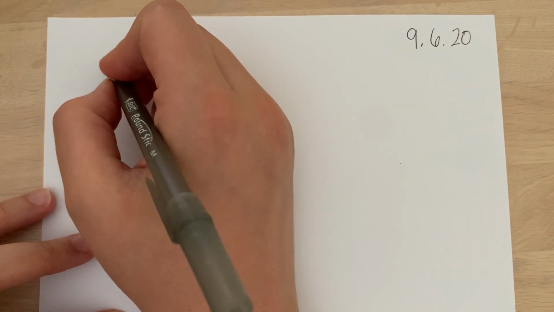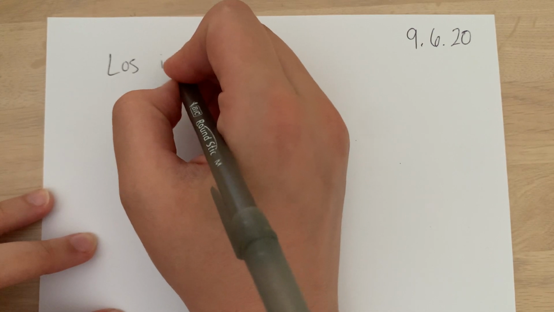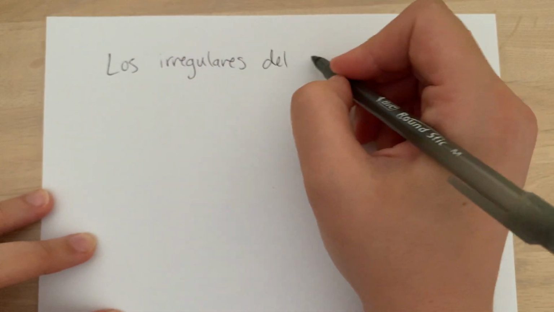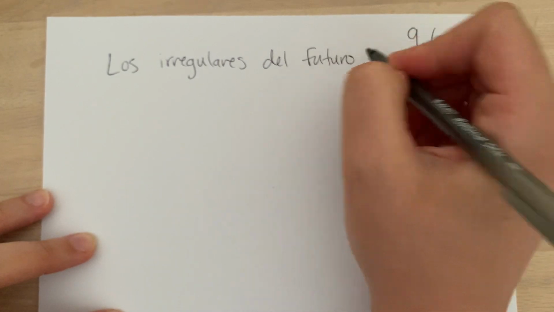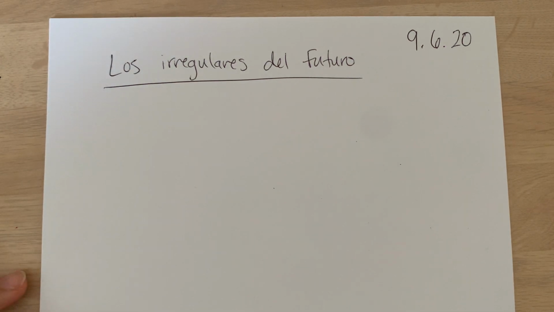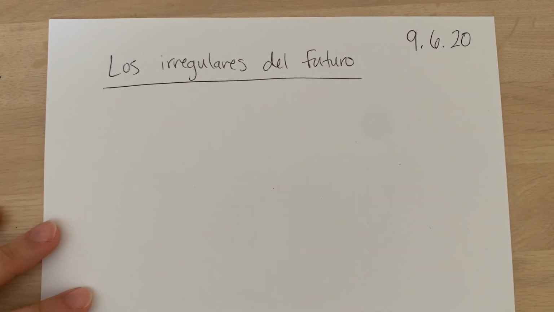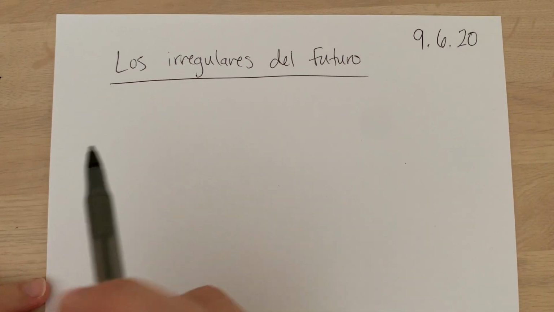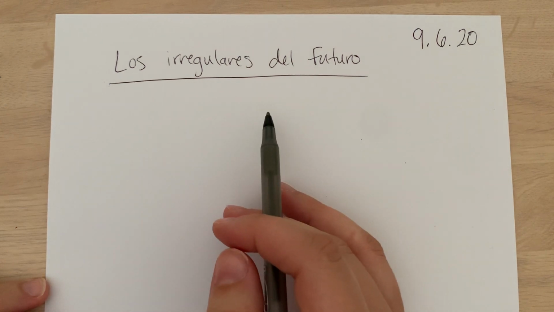All right, so for today, los irregulares del futuro. Okay, so the irregulars of the future tense. So with these irregulars, the endings are going to stay the same. So those endings that we were just going over, they're going to be the same.